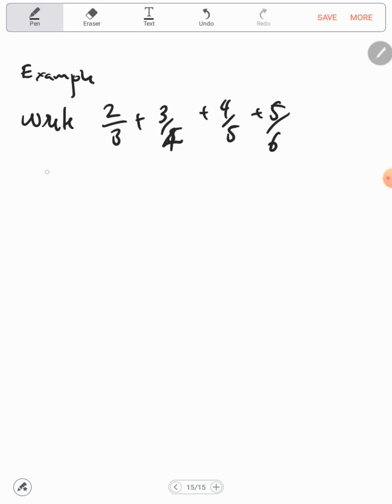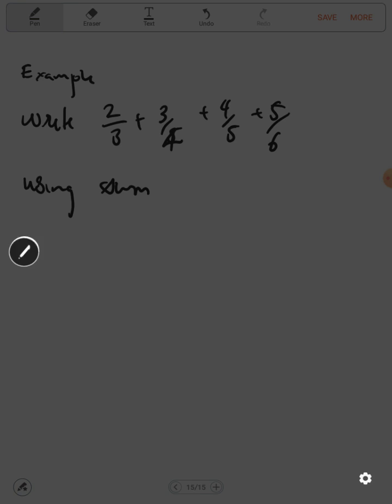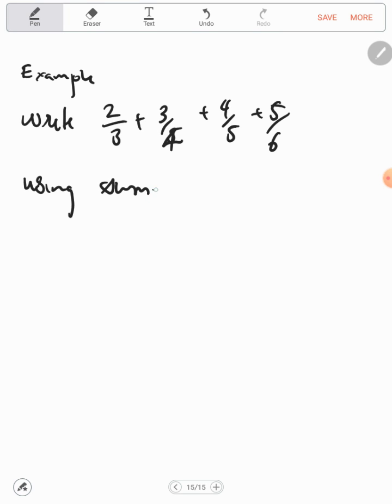If we're asked to write this using summation notation.